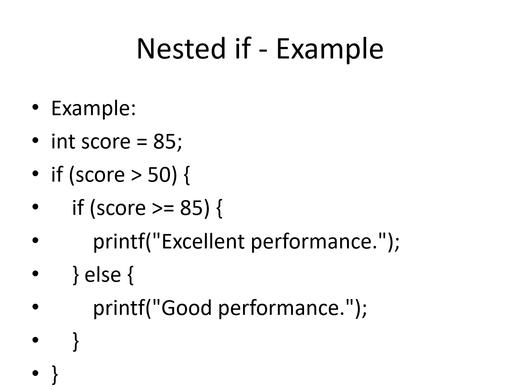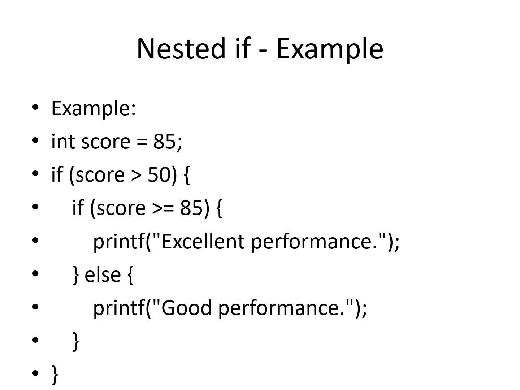So let's understand the nested if example. Nested if means we can have multiple if statements inside an if statement. Let's understand with an example: int score equal to 85. If score is greater than 50, then it will go inside.